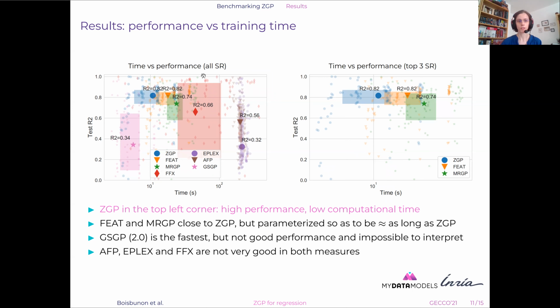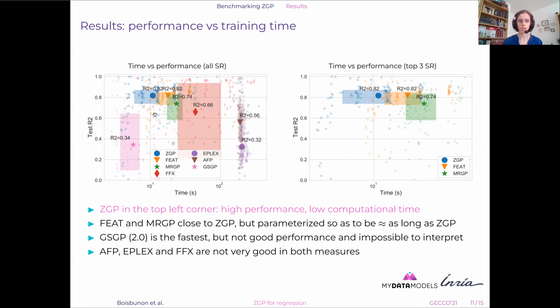I'm only showing the results for symbolic regression for clarity and also because they are still slower. But what we can see here is that the GP in blue is in the top left corner, which means it's the one that got the best results in both criteria. So high performance and low computational time.